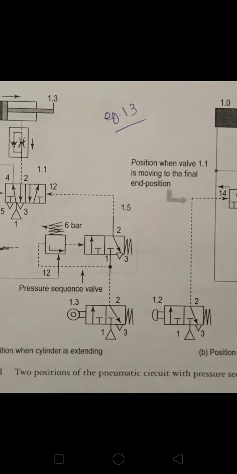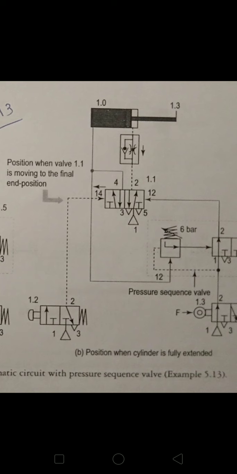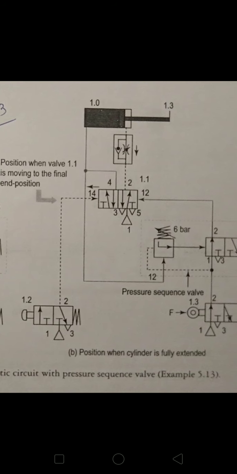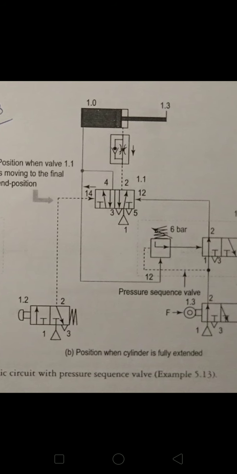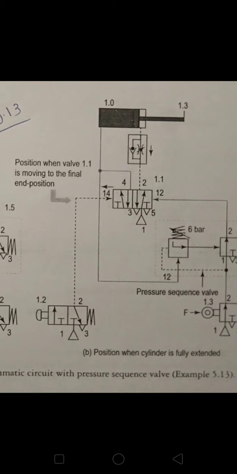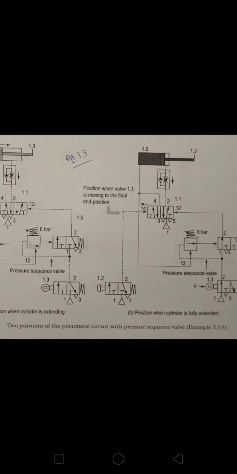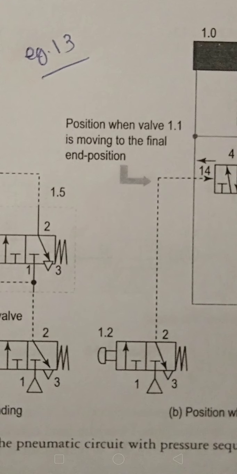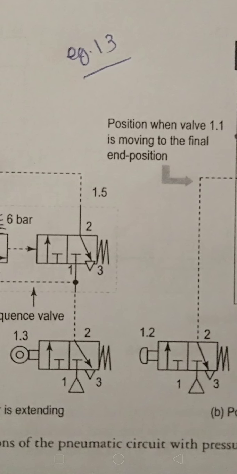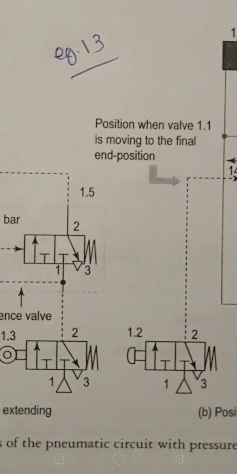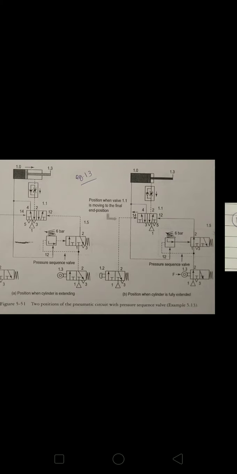Only after the cylinder is fully extended here will the maximum pressure in the line build up, resulting in sufficient clamping pressure. When the set pressure in the sequence valve is reached, the integrated 3/2 DC valve is actuated, generating an output signal. The signal is used to reset the final control element 1.1, thus causing the return motion of the cylinder. The return motion is not shown here.